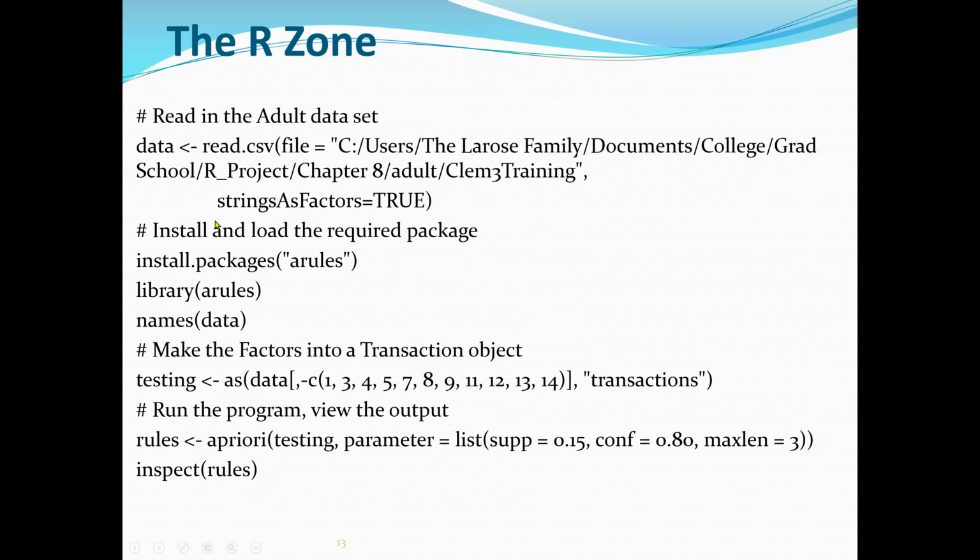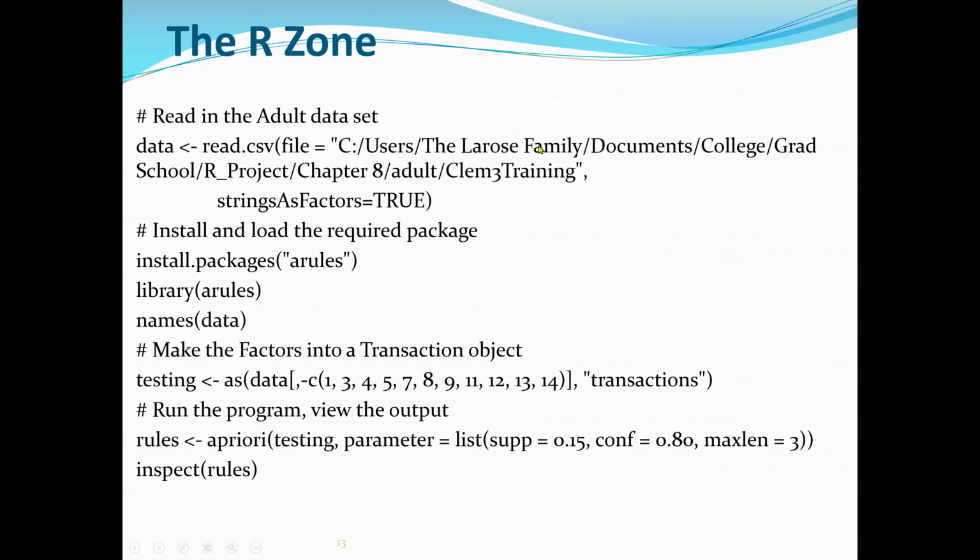We have an argument that stringsAsFactors should be true. So the first code here is just loading the adult data into the variable we created called data.